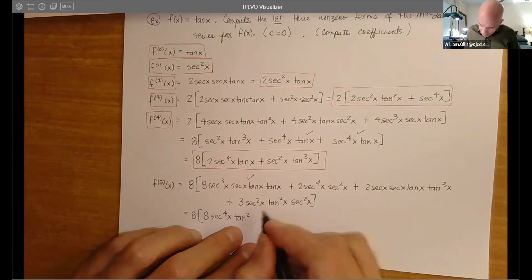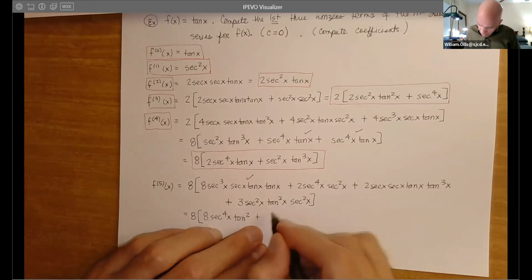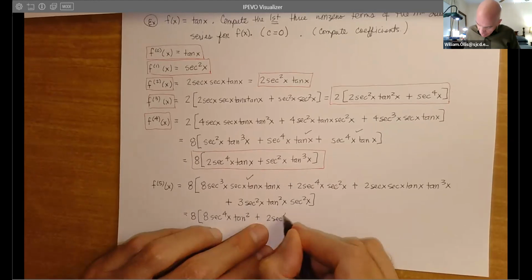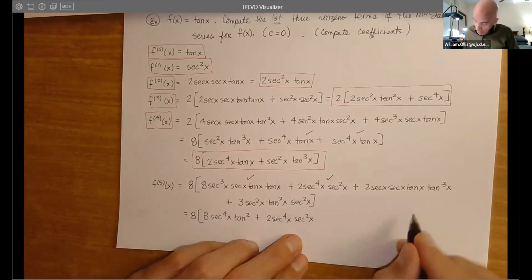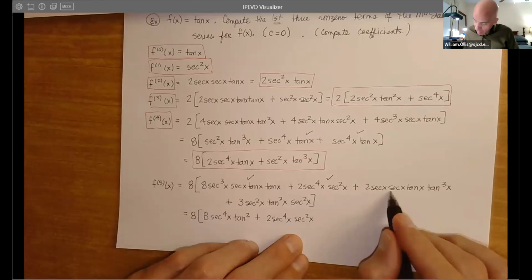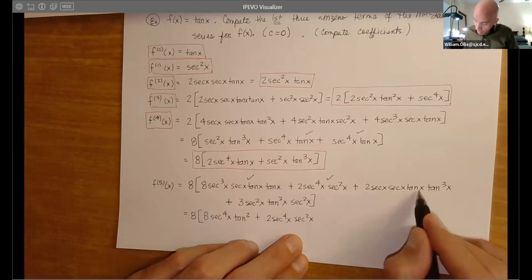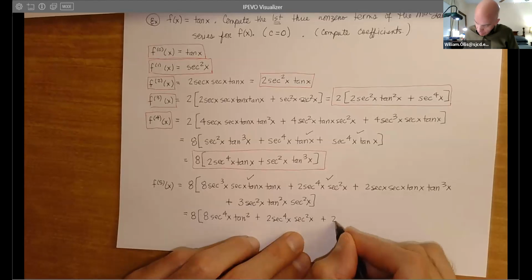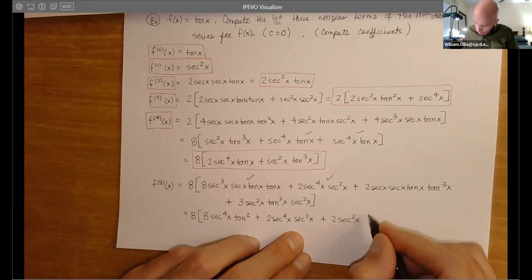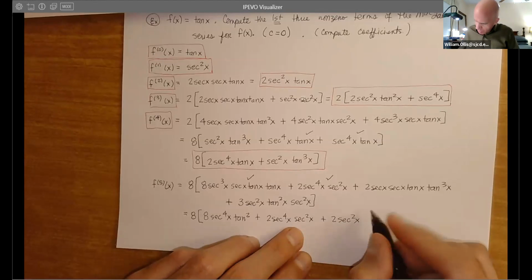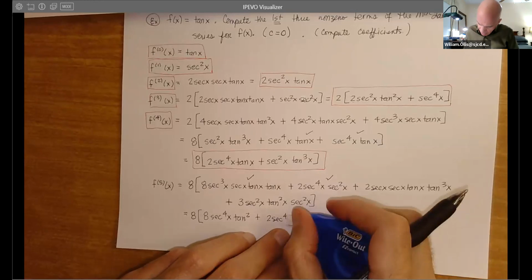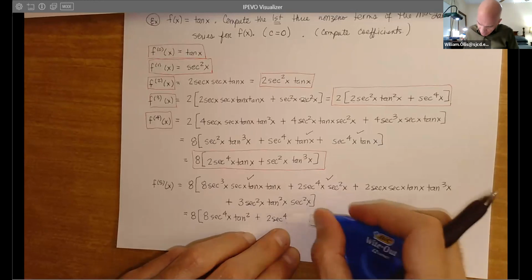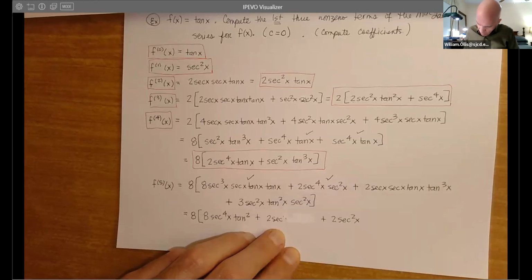Got that, plus 2 secant to the fourth x secant squared. Here we have 2 secant squared tangent to the fourth. That's another one of those, I guess. Secant squared tangent to the fourth. Oh, sorry. Just put this as a 6. I don't know why I wrote that. That's kind of silly. I mean, it's equal, but still, might as well just multiply.